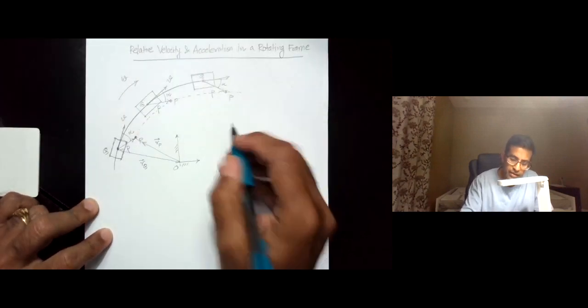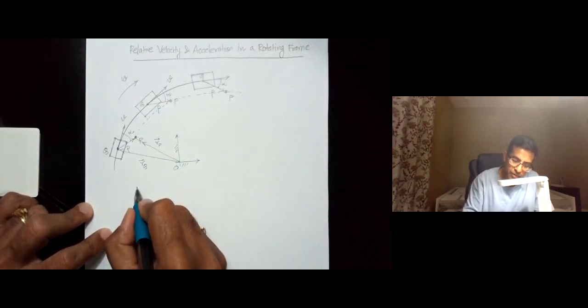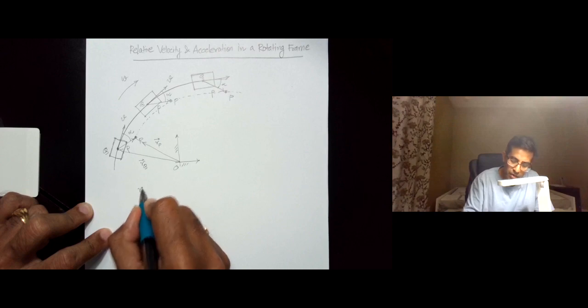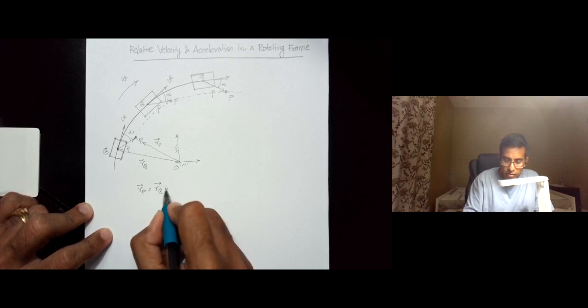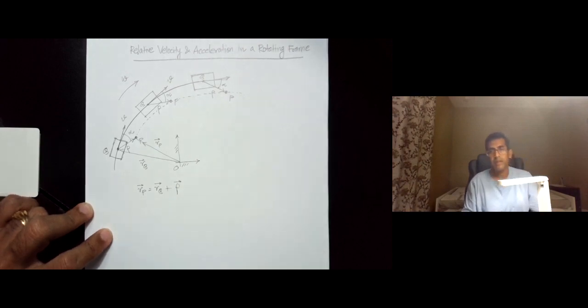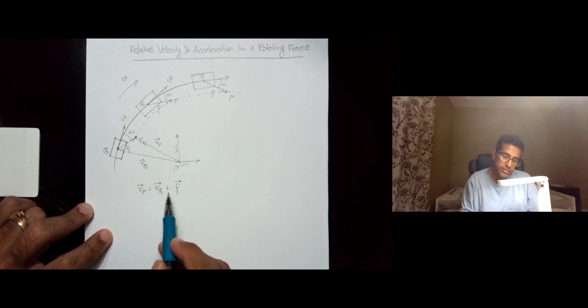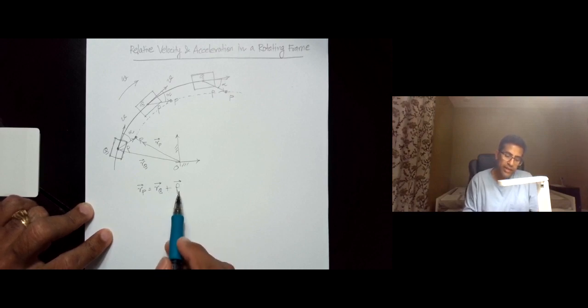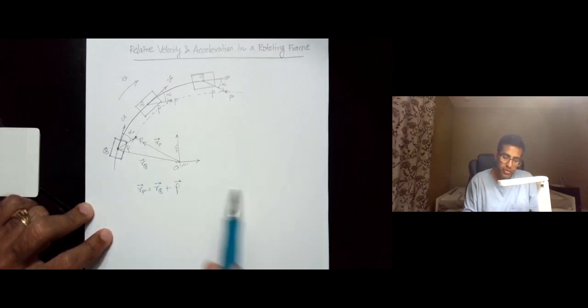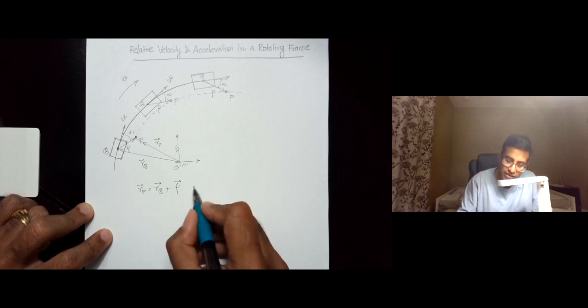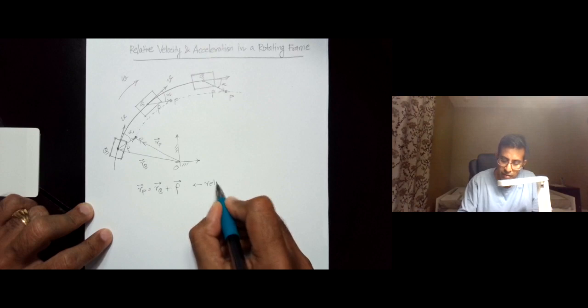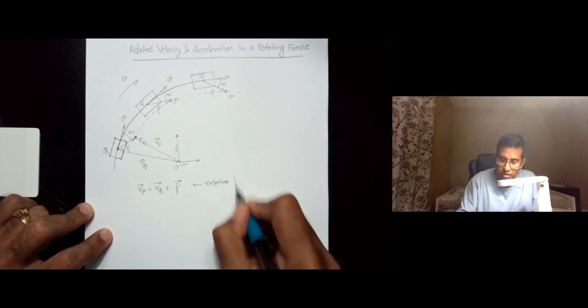So clearly we have RP equal to RQ plus rho. You can see that rho is therefore the relative position of P with respect to Q, and P is being expressed as a function of RQ and rho. So this is the relative position equation.